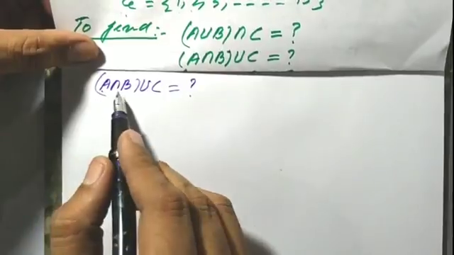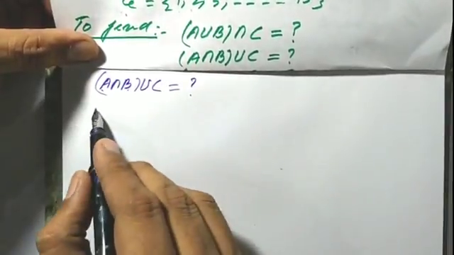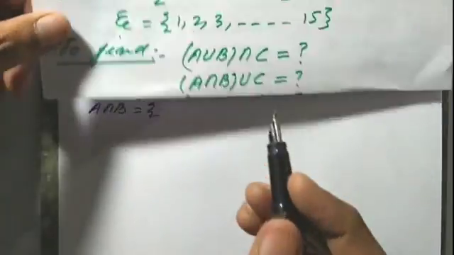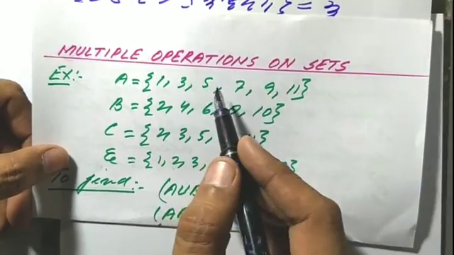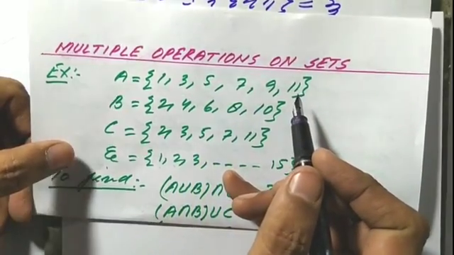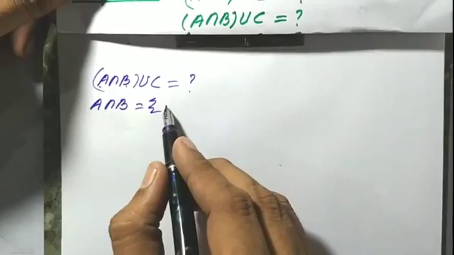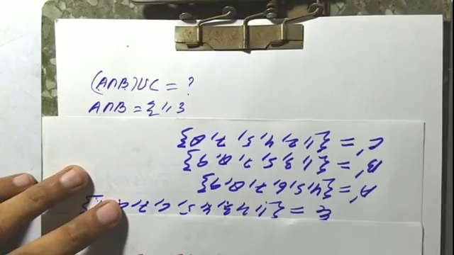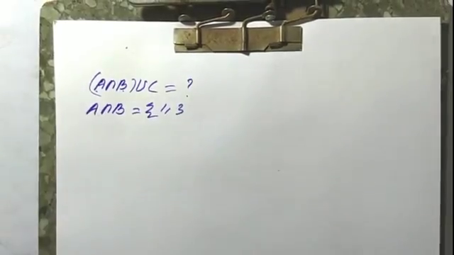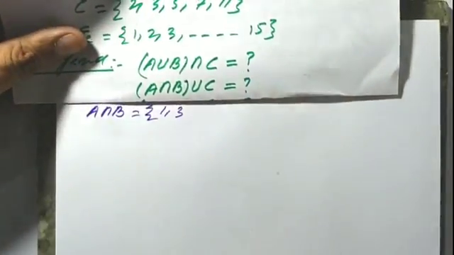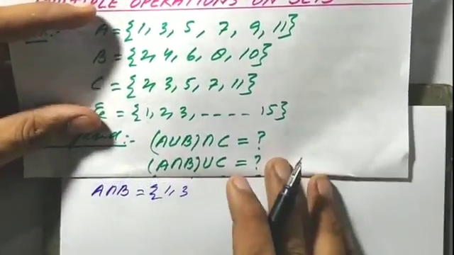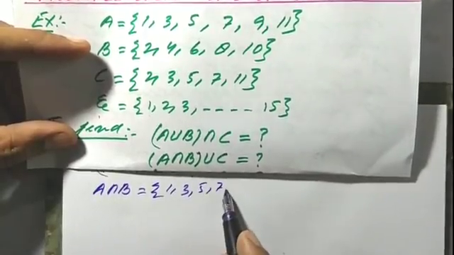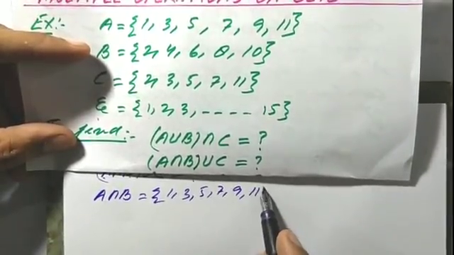So first we have to find A intersection B. A is the set of all the odd numbers from 1 to 11, so we take 1, 3, 5, 7, 9, 11, closed.